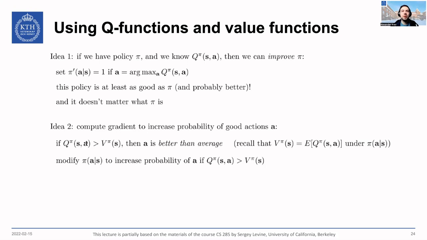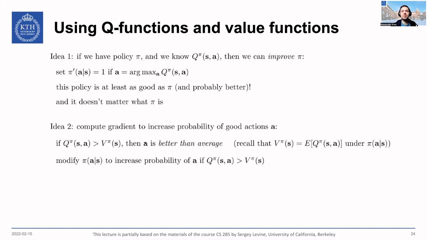If for some action a, the Q function given the current state and this a is larger than the value function of s, then a is better than average, because the value function is essentially the expectation of the Q function over different actions a under the current policy distribution of actions in the state.